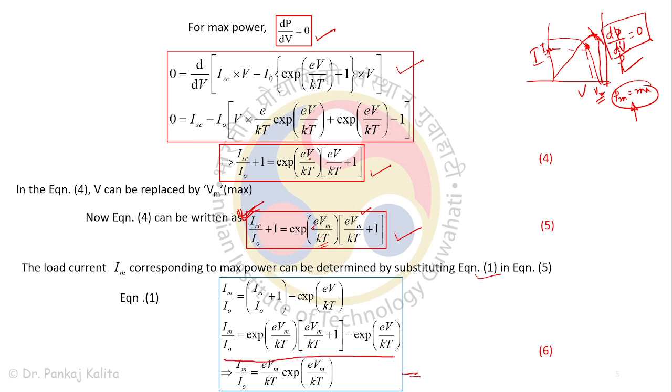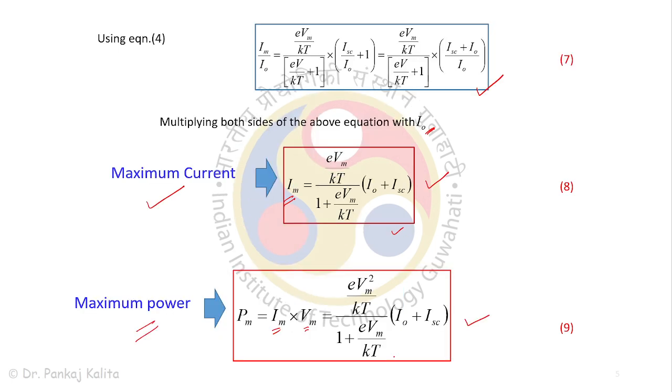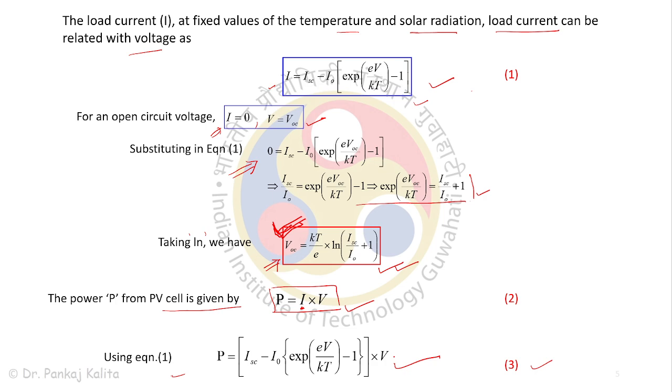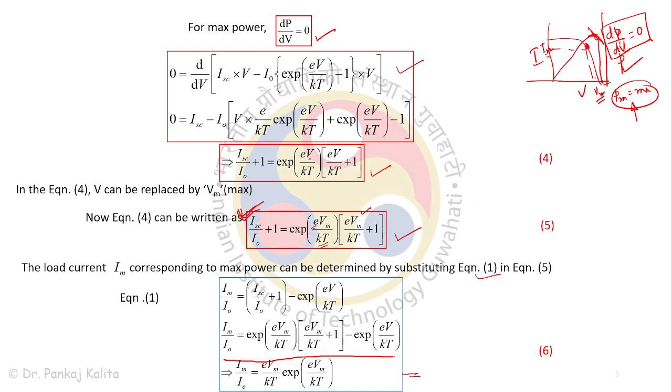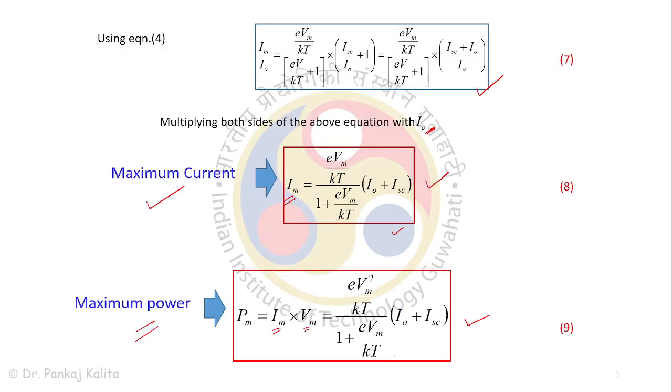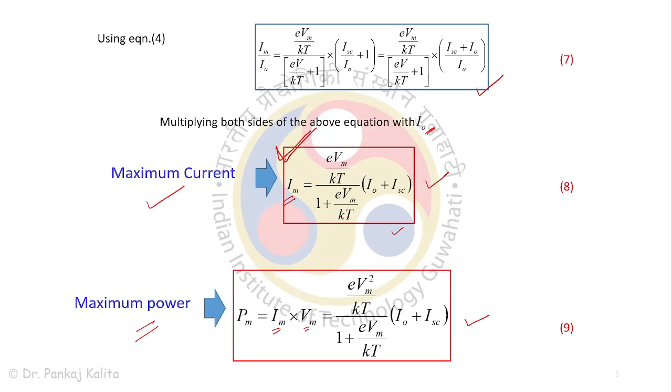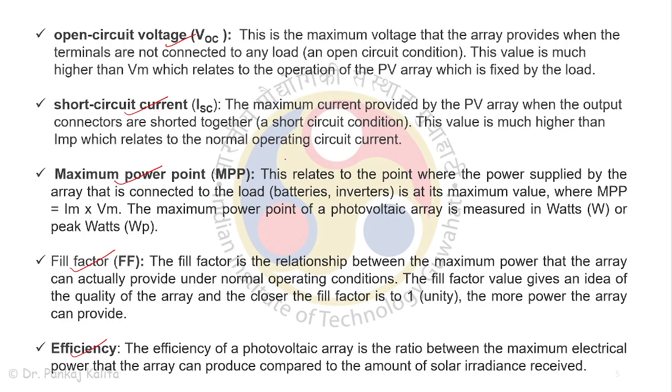You will see how these formulas are applied. I hope in lecture you might have gone through this part, so I will not explain in detail because we don't have much time. The important formula for maximum current that you need to remember is this. Maximum power you can already calculate: Vm into Im. So if you know Im and you know Vm, we'll see how these formulas are applied.